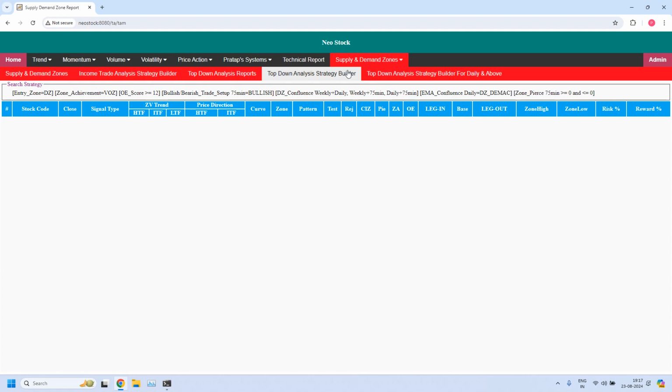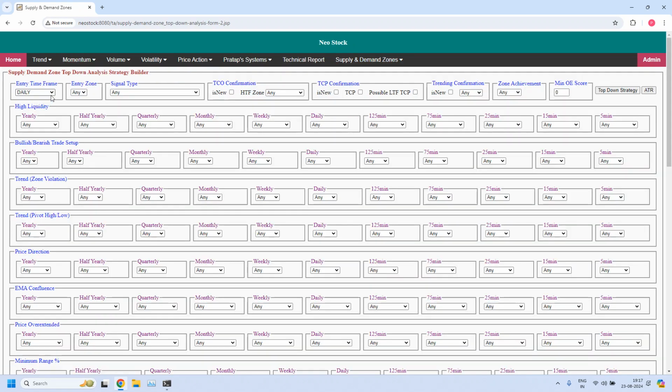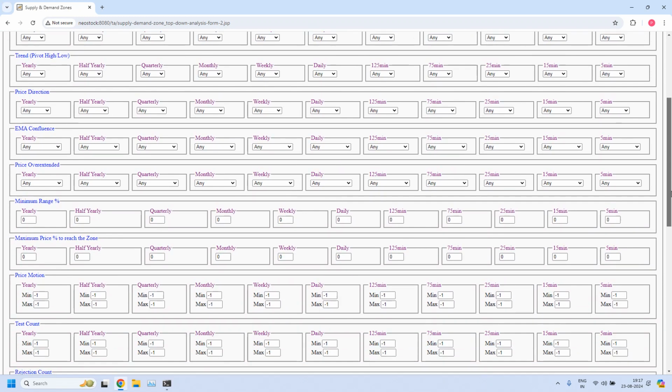Okay, in the next report, the bearish trade setup for weekly income trade. The entry time frame is 75 minutes. The entry zone is the supply zone for the bearish trade setup, and also in bullish or bearish trade setup at the 75 minutes time frame, I am selecting bearish. This 75 minutes supply zone should not be pierced.